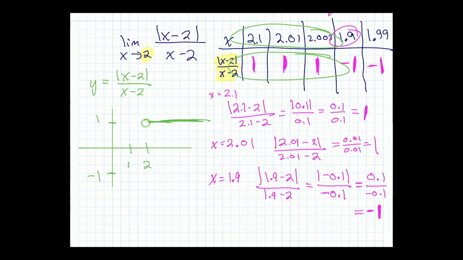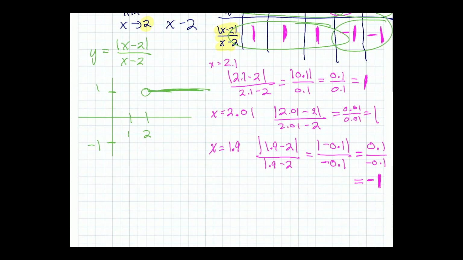Now on the other side, to the left side of 2, you're at negative 1. That means it looks like this. That's your graph of your function.